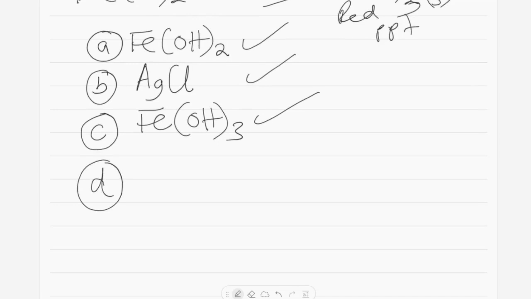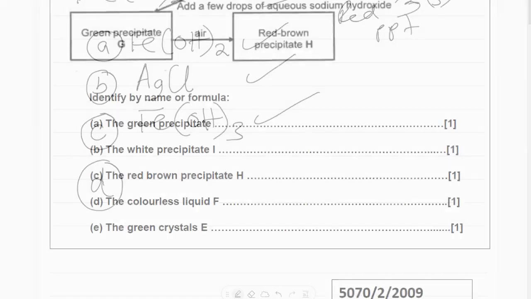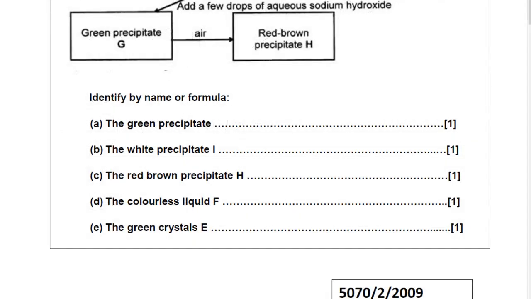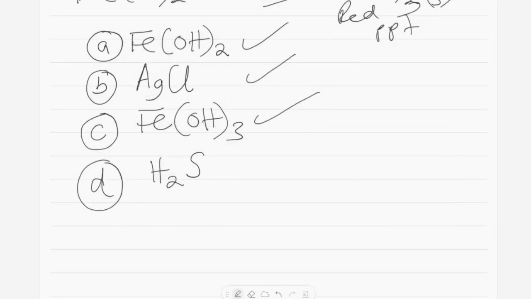the colorless liquid F. So green crystals of E, after being heated gently, remember this salt contains water of crystallization. So if heated, the colorless liquid F that forms, which turns anhydrous copper 2 sulphate blue, is water, which is H2O.